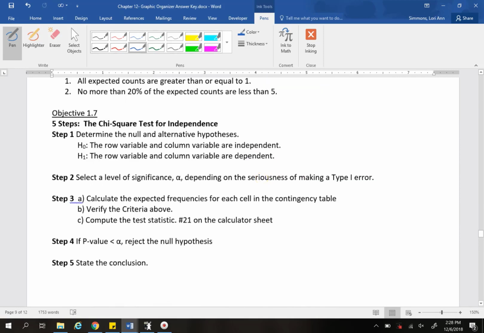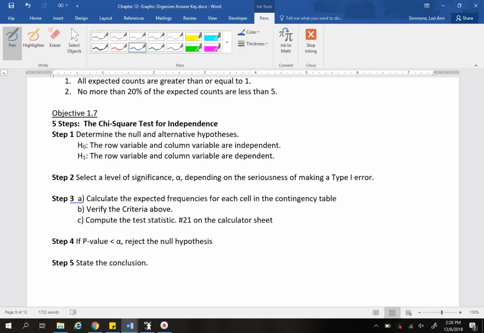The 5 steps for the chi-square test for independence. Step 1, determine the null and alternative hypotheses. The null is that the row variable and column variable are independent. The alternative is that the row variable and the column variable are dependent. Step 2, select the level of significance alpha depending on the seriousness of making a type 1 error.